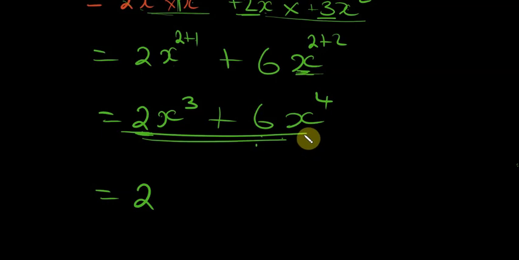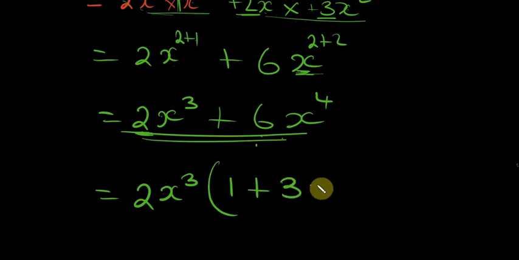Well, x cubed is actually the highest common factor. So we'll have 2x cubed divided by 2x cubed, that gives us 1, plus 6x to the power 4 divided by 2x cubed, that gives us 3x. Yep, 3x.